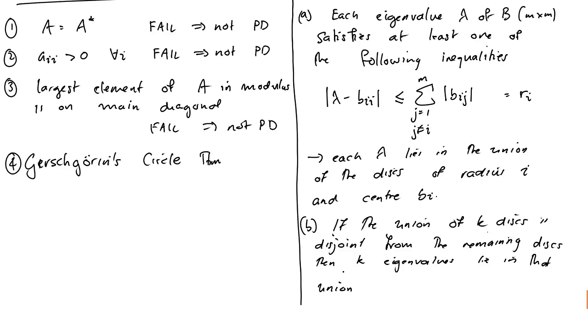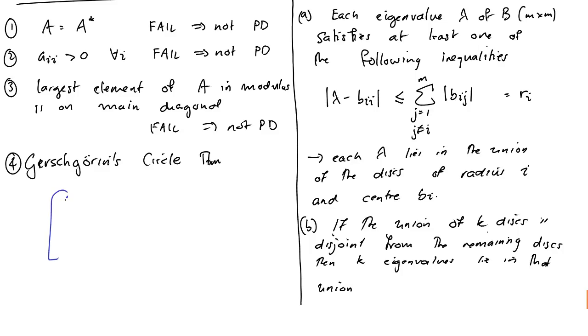Okay, so basically you draw disks around the various diagonal entries of your matrix, and that tells you where the eigenvalues lie. So if your matrix had, let's just do an example.